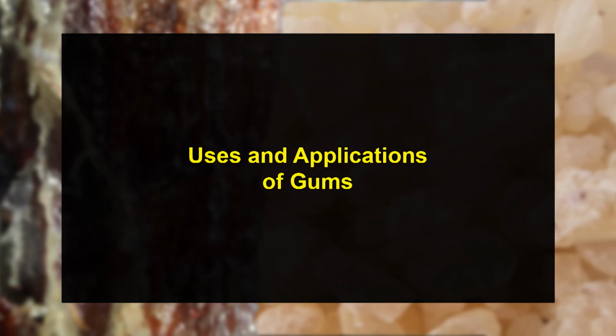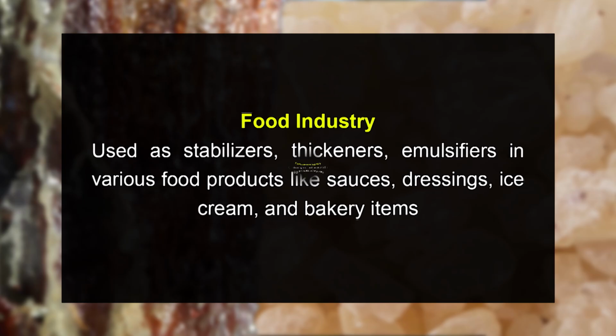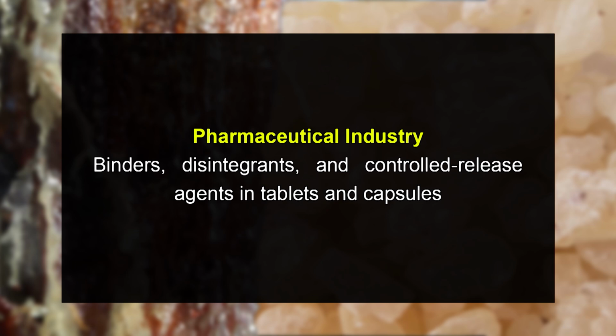Discussing the uses and applications of gums, gums are widely used in food industries. They are used as stabilizers, thickeners, and emulsifiers in various food products like sauces, dressings, ice creams and bakery items. They are used in the pharmaceutical industry as binders, disintegrants and controlled release agents in tablets and capsules.